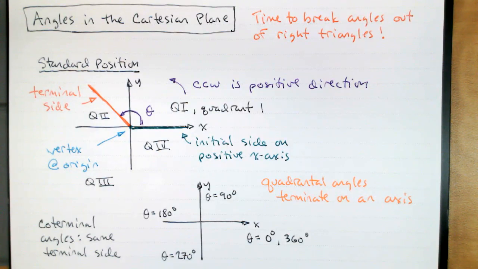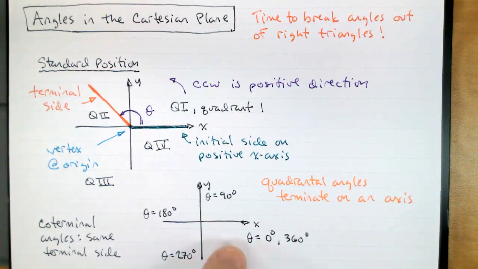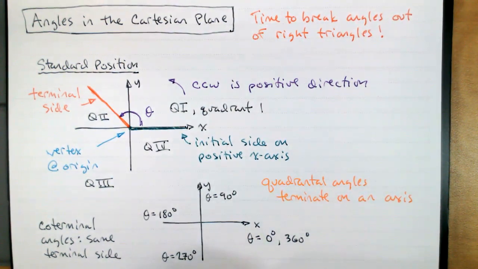But here, since we're going around from 0 to 360, we just get a copy of that from 360 up to 720, and it's all the same places. So this 270 degree angle, we can also label as a negative 90 degree angle. So this 270 is also negative 90.